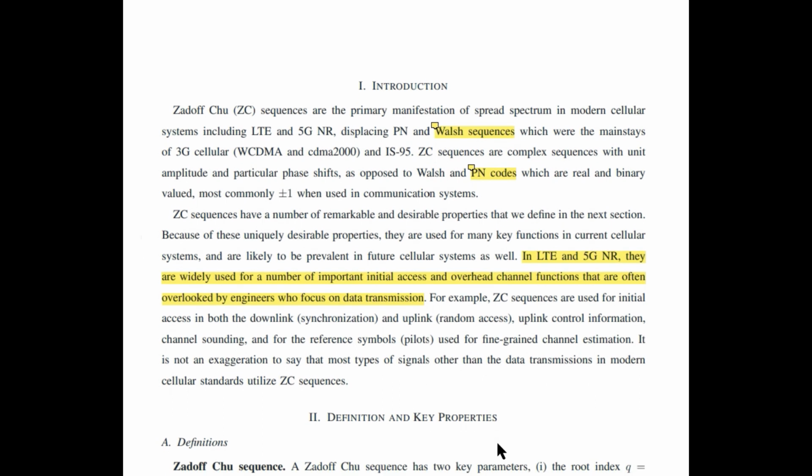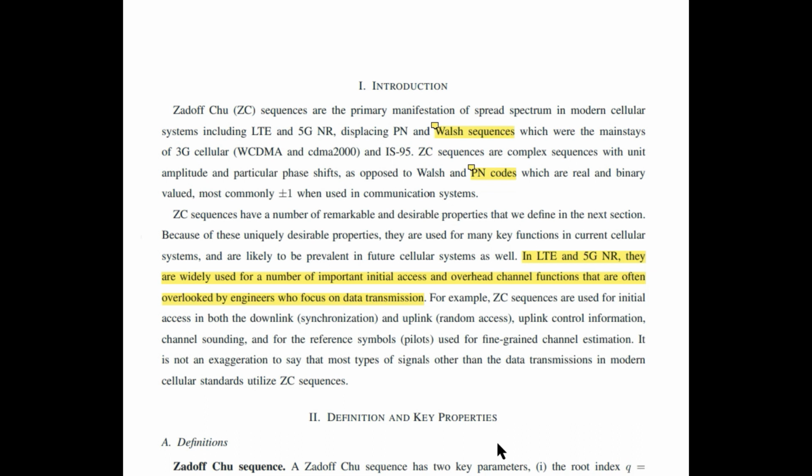For example, ZC sequences are used for initial access in both the downlink and uplink: in the downlink for synchronization, and in the uplink for random access, uplink control information channels, sounding, and for the reference symbol called pilot, used for fine-grained channel estimation.